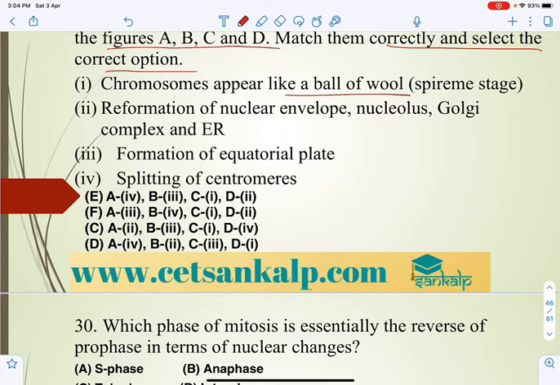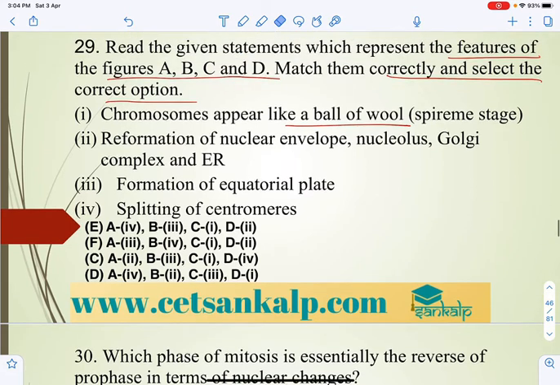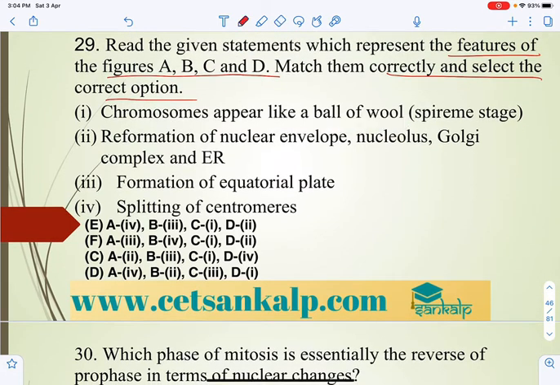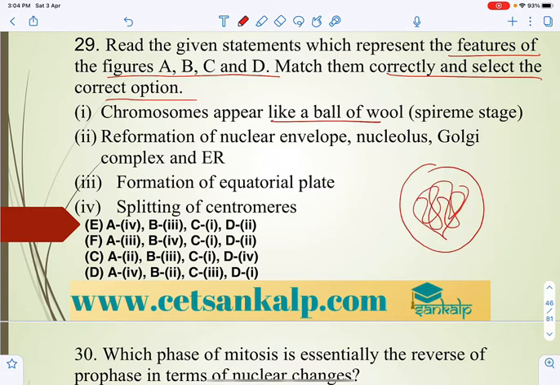So chromosomes appear like a ball of wool, which will be there in the prophase.